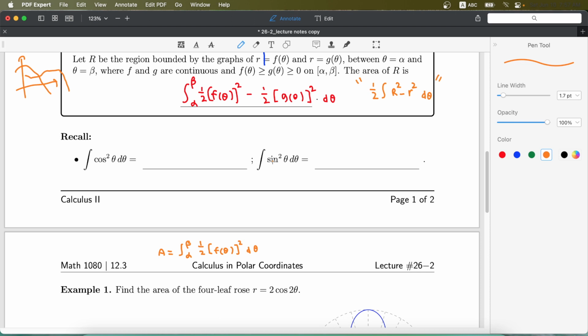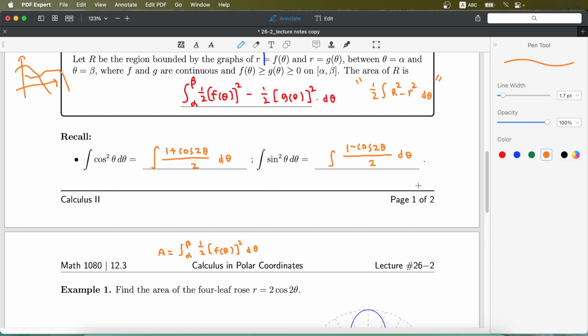Okay, so right here to integrate cosine squared, we write cosine squared as (1 plus cosine 2 theta) over 2, by using the half angle formula. And we will write sine squared as (1 minus cosine 2 theta) over 2. Okay, this is also the half angle formula.